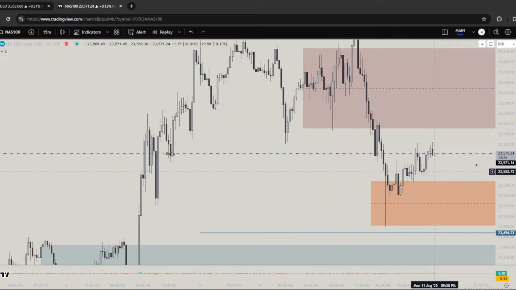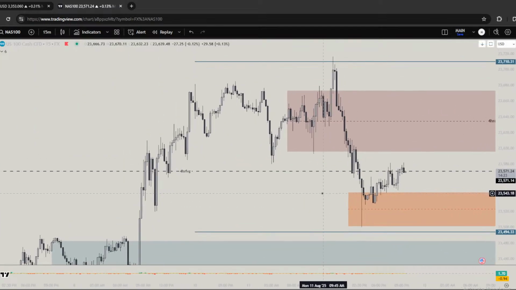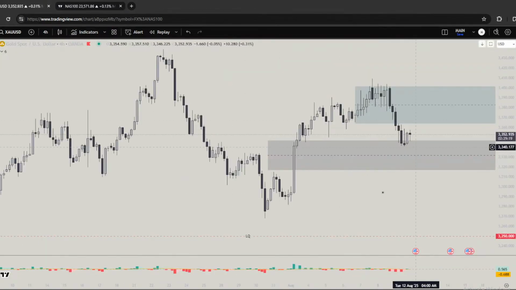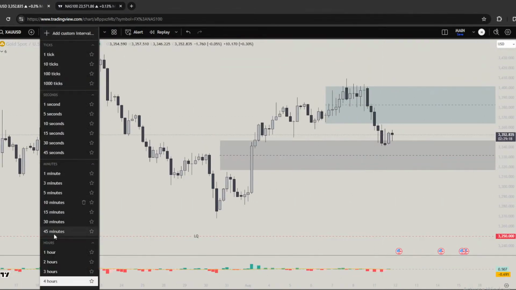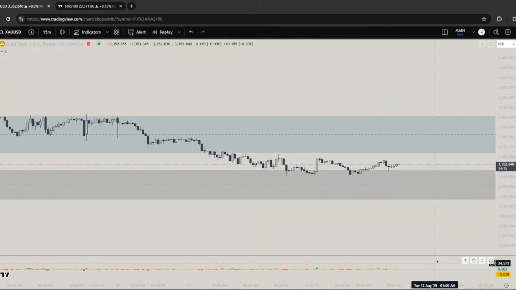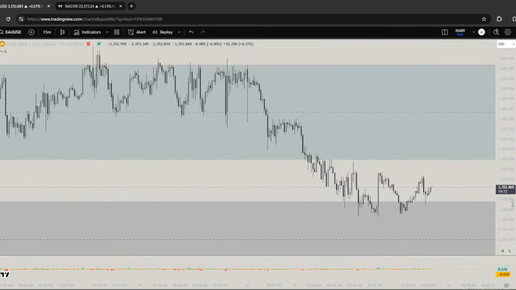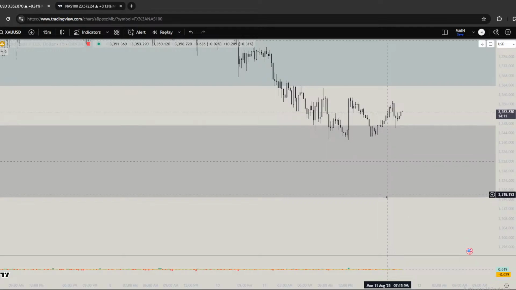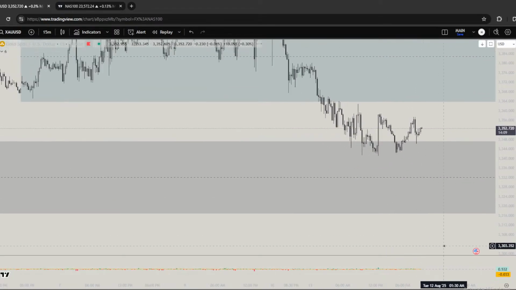Nas long, letting this long play. I was in gold short, and I'm in a GBP short.